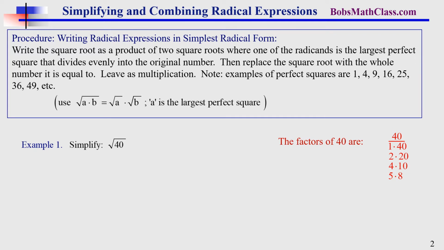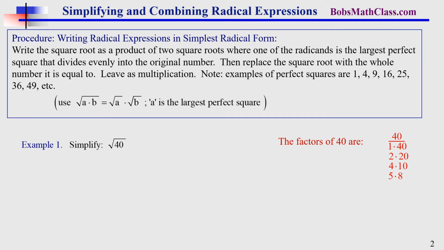So here are our factors of 40. There's 1 times 40. Okay, so 1 is a perfect square, but it doesn't do us any good. So forget about 1 times 40. 2 times 20, 4 times 10, and 5 times 8. Which one of those pairs has a perfect square in it?